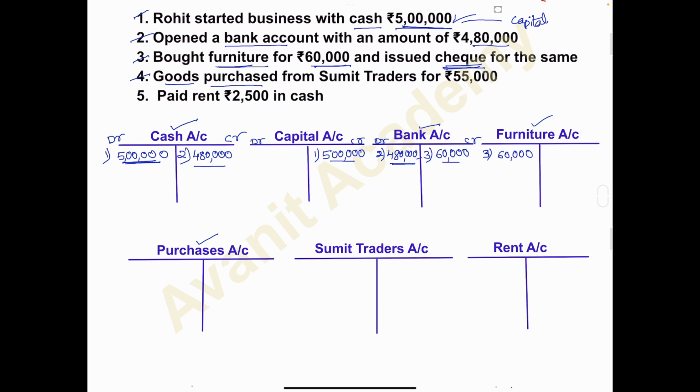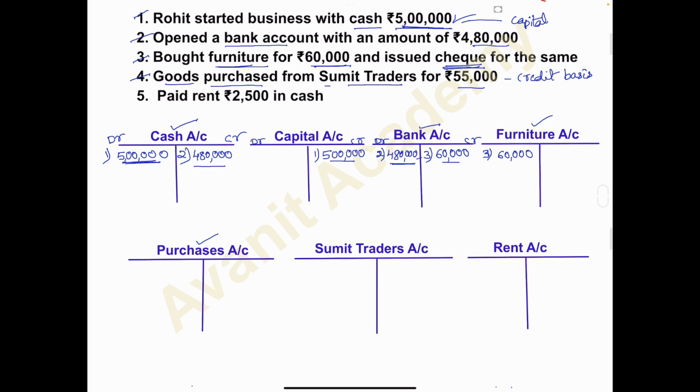So goods purchased from Sumit Traders for rupees 55,000. For purchasing the goods, I have prepared purchases account here. In the fourth transaction, they have not mentioned that the goods are purchased from Sumit Traders for cash. If they have not mentioned cash, then we have to assume that the goods are purchased on credit basis.